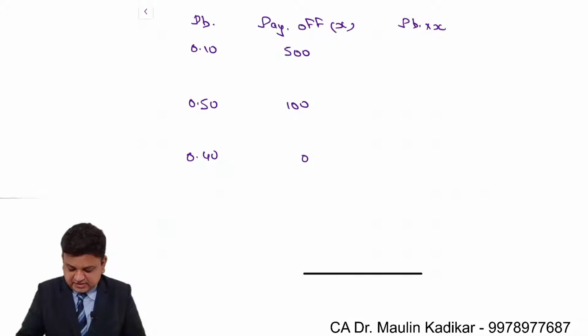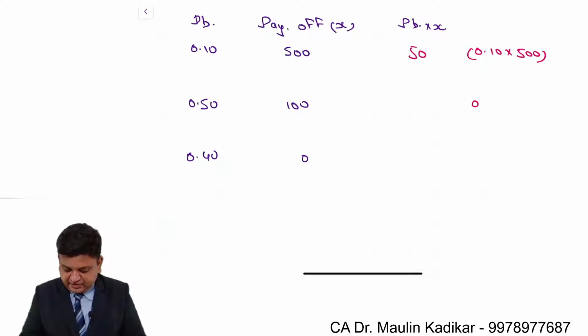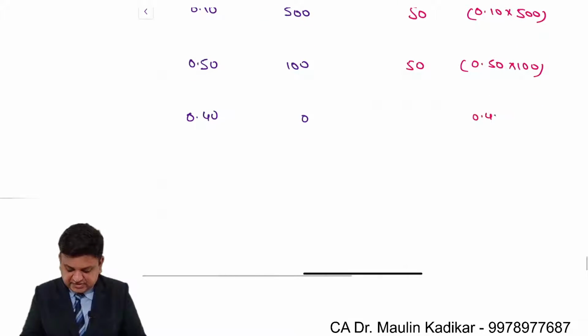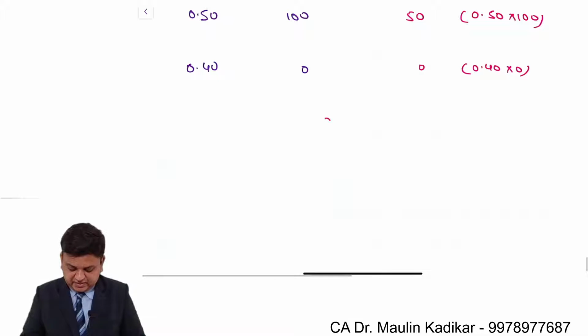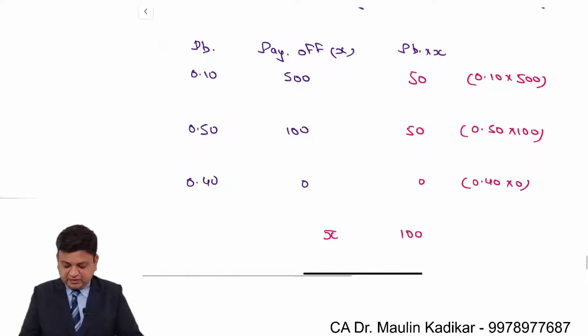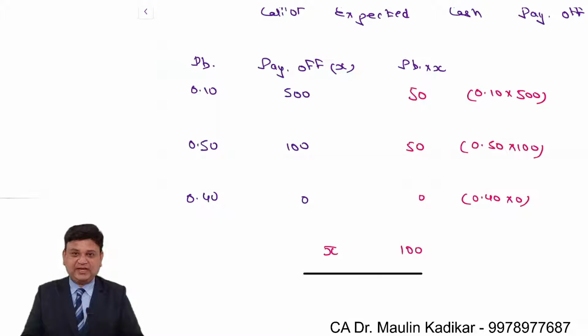So we understand that there are 10% chances the payoff is 500, 50% chances that the payoff is 100, and 40% chances that the payoff will be 0. So the amount of expected payoff, that is x bar, is 100. This is the way we are required to compute the expected cash payoff.